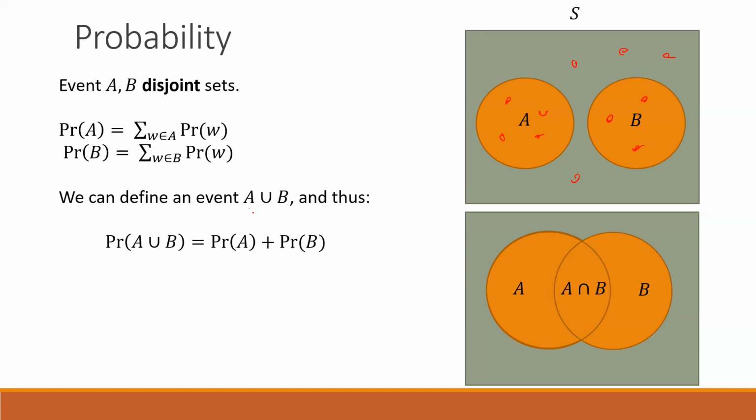So really, this is simply another set. I just sum up all of the probabilities of all of the elements in both of these sets. That's all I'm doing.